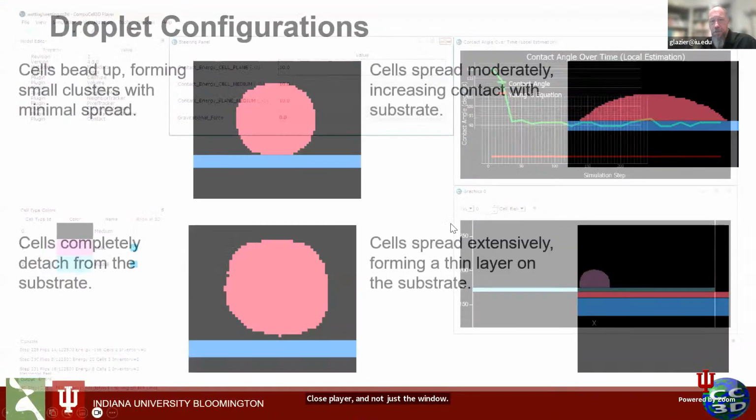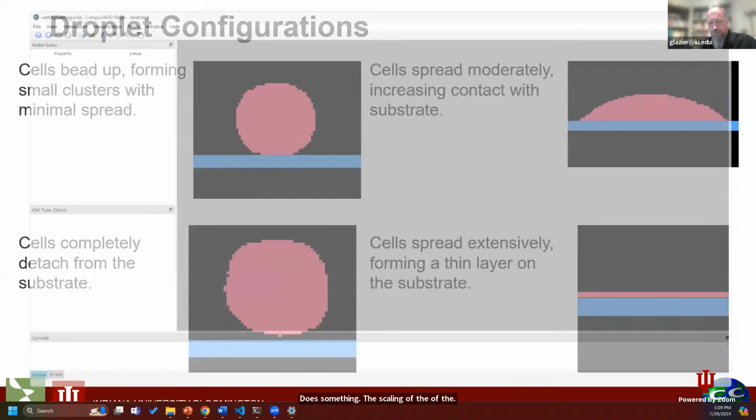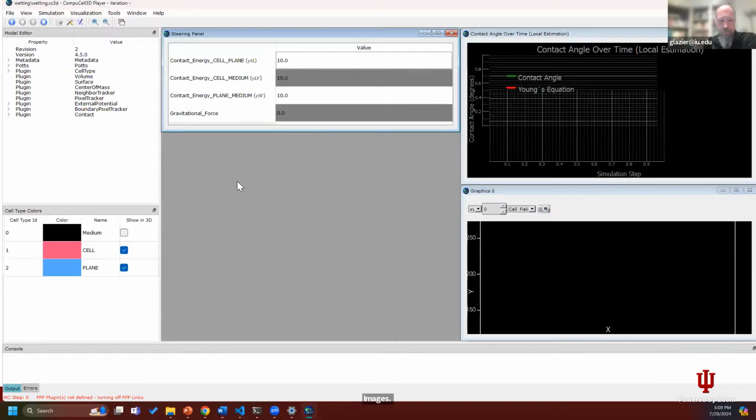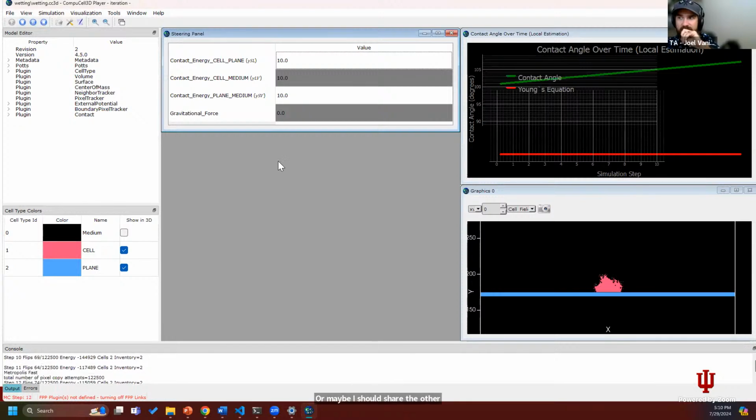Unfortunately, Zoom does something to the scaling of the images. Or maybe I should share the other window.